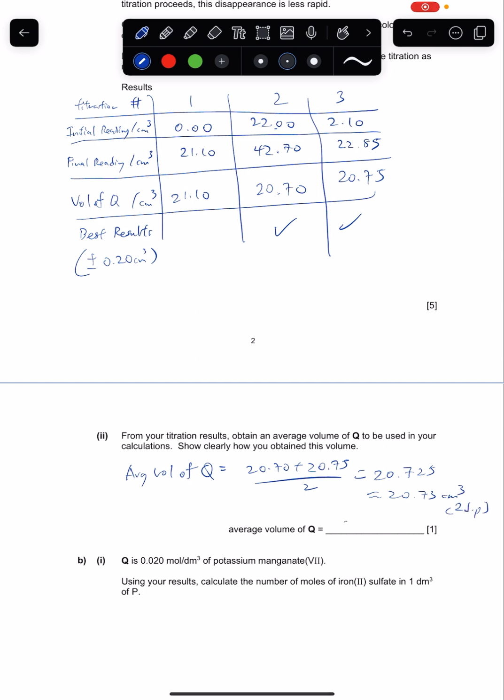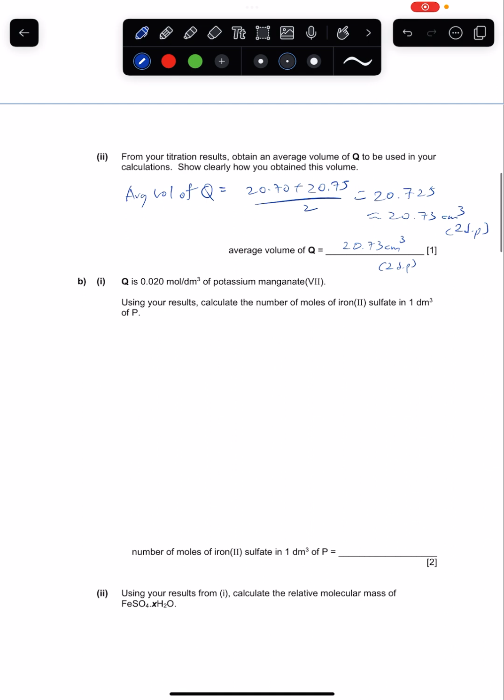So these are 2dp averages. So this is the only part that's 2dp. After that is all 3SF for calculation already. So don't panic, let's use the values. So you see, using your results means this one you need to use.